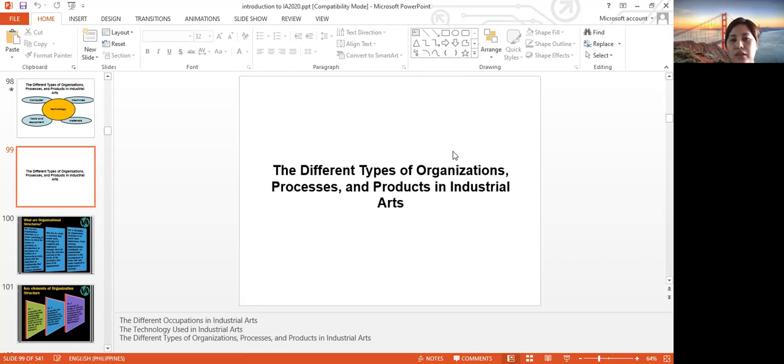So with that exchange of ideas, it gave them an idea what to create, and that is the start in which they began to have an organization in doing a particular project. And of course, in every organization, there are processes. And if there is a process, there is a product, there is an output.